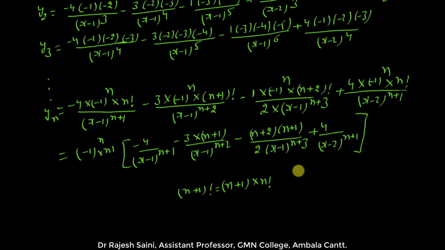Why this quantity? We know n plus 2 factorial here can be written as n plus 2 into n plus 1 into n factorial, and n factorial is taken outside common. So this is the required nth order derivative.